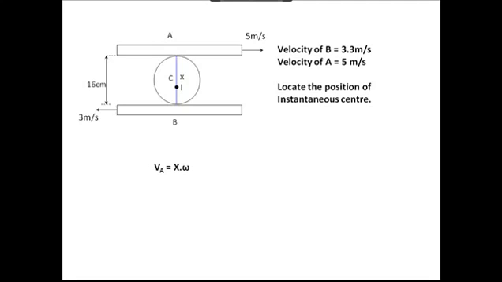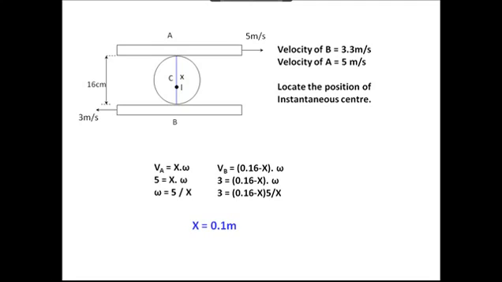Suppose it is at x distance from A, then we write VA as x into omega, where omega is the angular velocity of the cylinder. Then we write VB. Total distance is 16 centimeters, so (0.16 minus x) into omega, and VB is given as 3. From these two we are able to find x, which is 0.1.